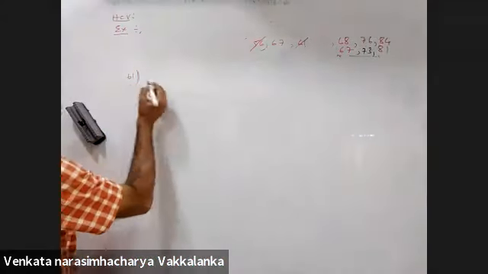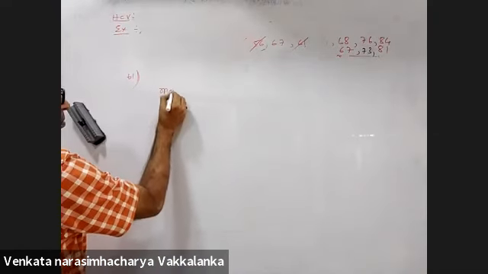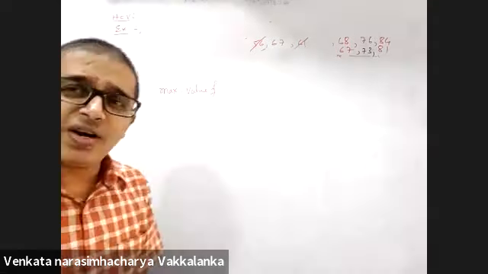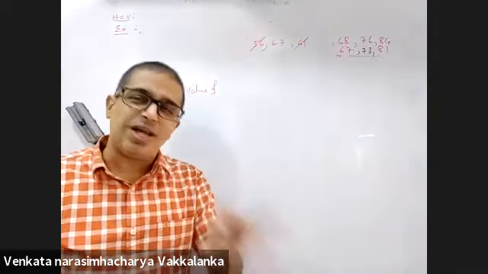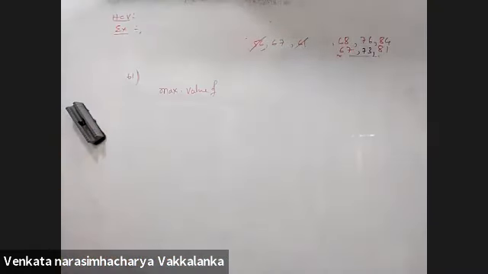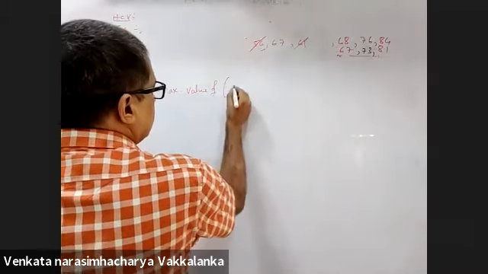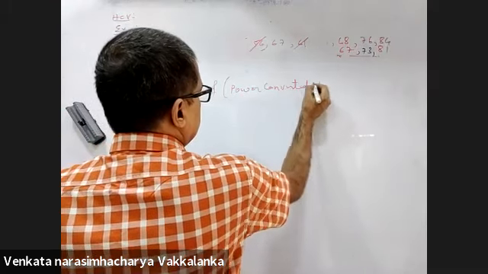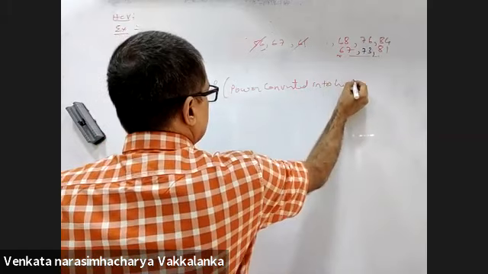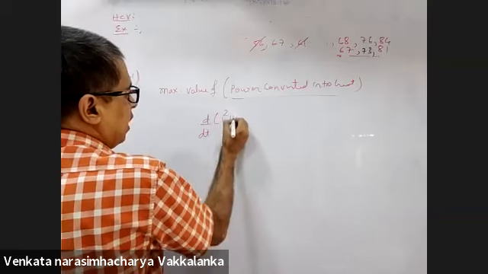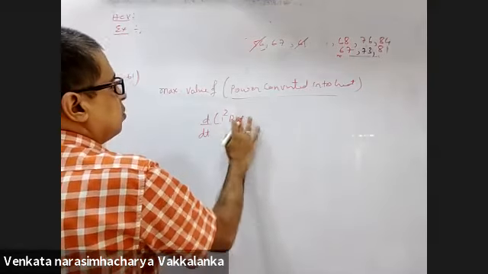61st, I'll give you the hint. He is asking for maximum value of current and all that. You don't need to differentiate. You directly get that. But when he is asking for maximum value of the power converted into heat, that means d by dt of I square R is his requirement.